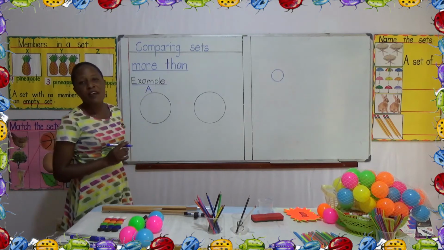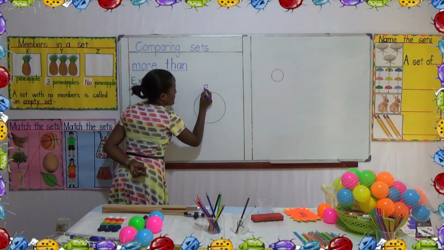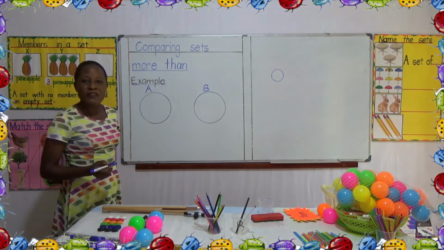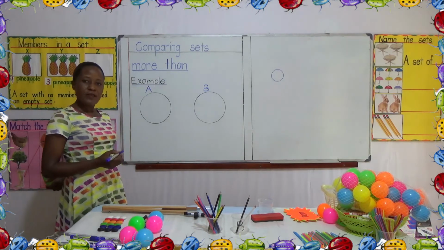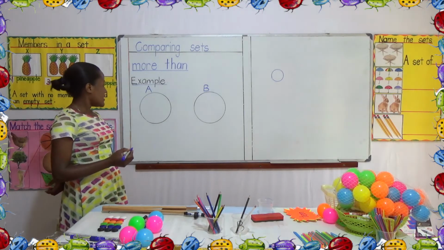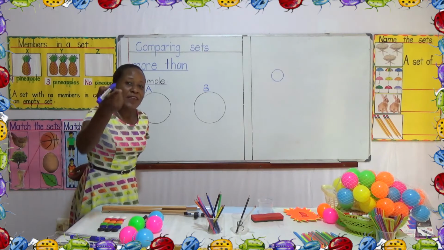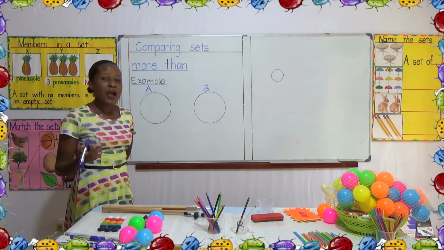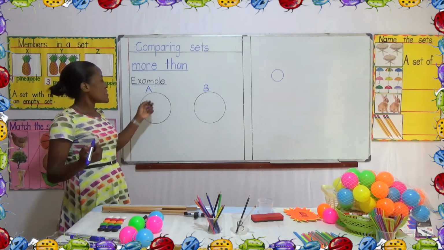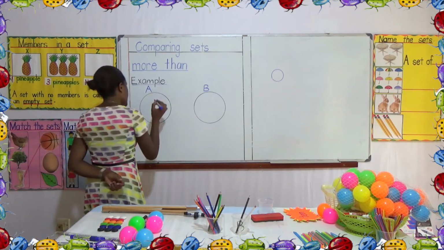I have named that one set A and that one set B. Let's put members. We said things in a set are called members. Let's put things in our set.